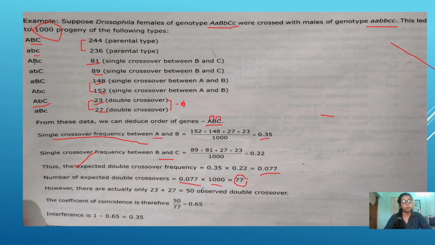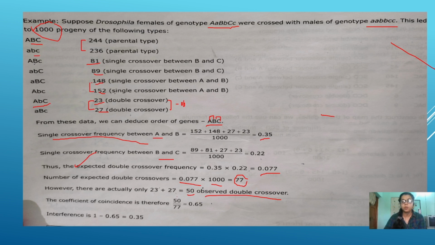Now you need to add the observed double crossovers. Here the observed double crossovers are 23 and 27, so after adding, you get 50. Now you simply put in the formula of coefficient of coincidence, which is observed double crossover by expected double crossover.